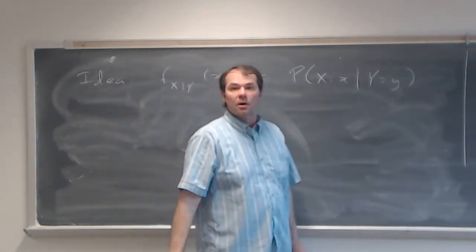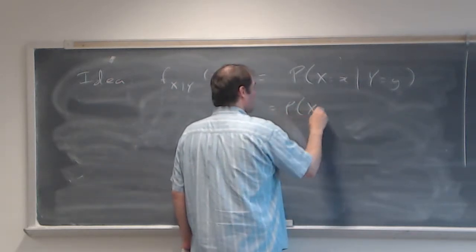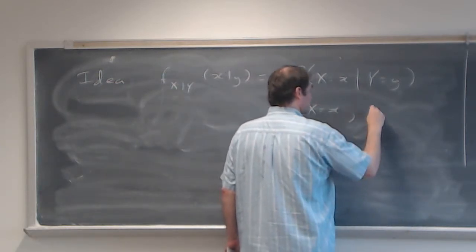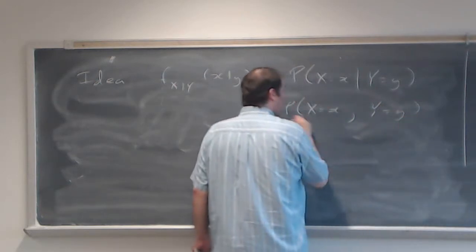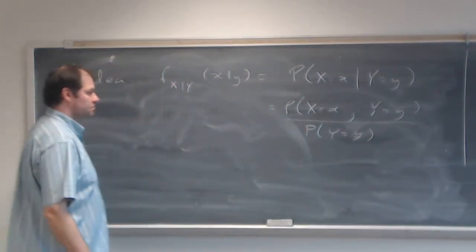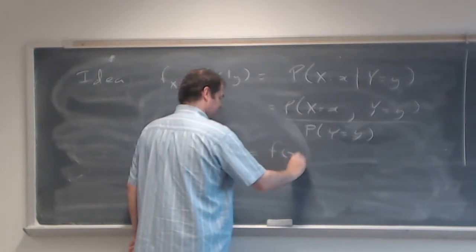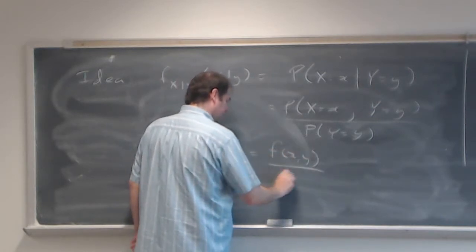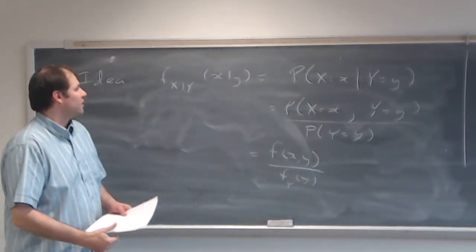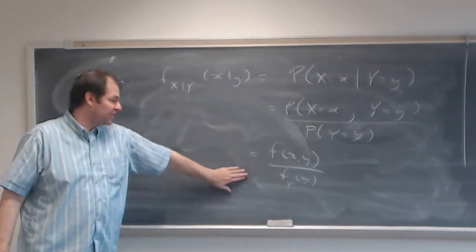By our conditional probability definition of events, this is equal to the probability of X equal to little x and, I'll just put a comma instead of an intersection, Y equal to little y, over the probability that Y equals little y. Of course, this can be represented by the joint PMF as f of x comma y, and the bottom is nothing more than the probability mass function of Y at little y. And so that's why the conditional probability mass function of X given Y is equal to this definition, so it's easy to understand.